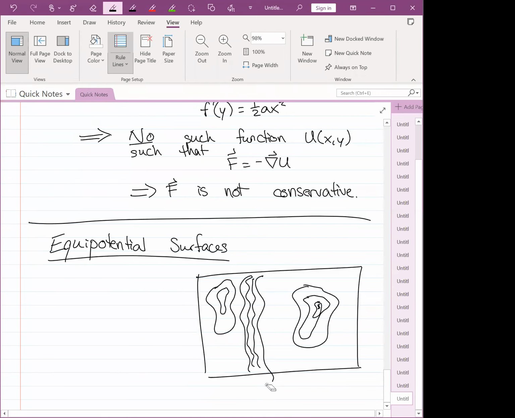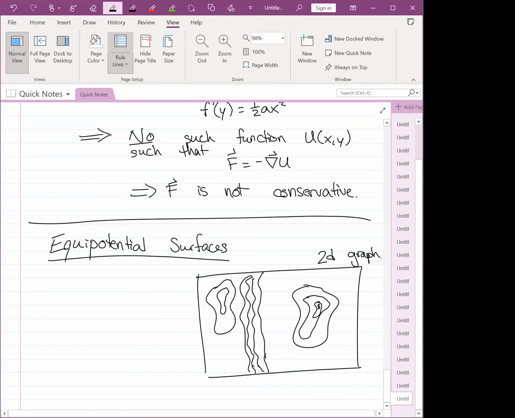So this is an example of an equipotential surface, actually. This would be an example of equipotential lines for the gravitational force. Equipotential surfaces are only surfaces here because this is a two-dimensional plot, really, and we have to think one dimension up because potential energies live in 3 dimensions.